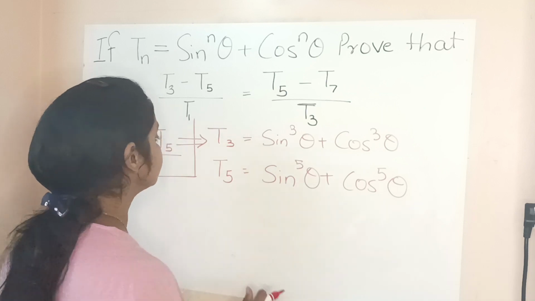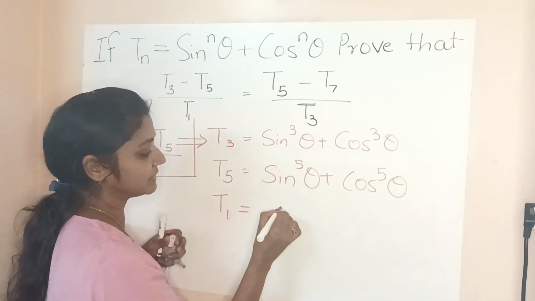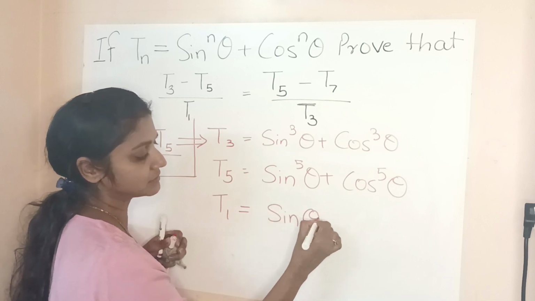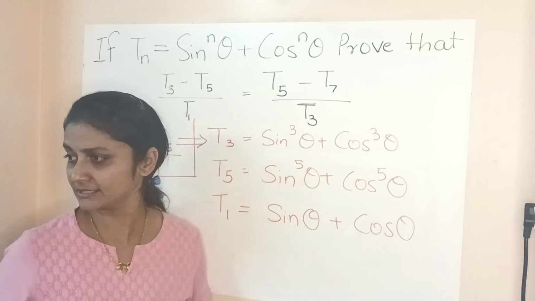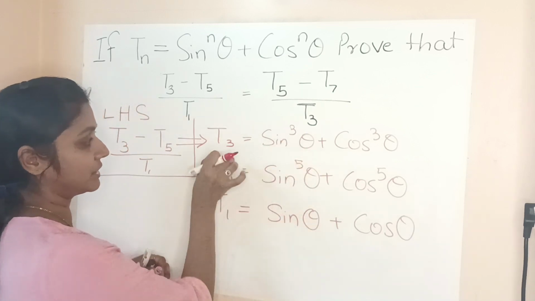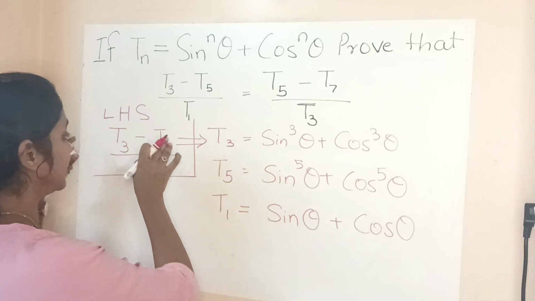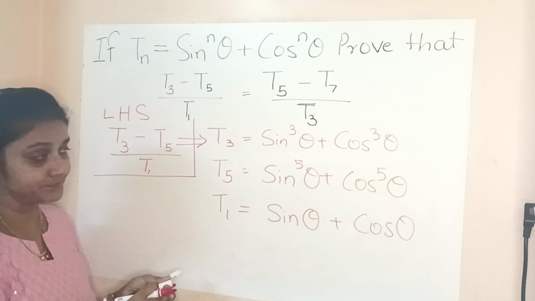Tanmay? No? Right. Now here T1 is given. What is T1 going to be? Anyone wants to give a try? It's going to be sine theta plus cos theta? Yes? Correct? Done. Shall we put all this, whatever we found out for T3, T5 and T1, in this?